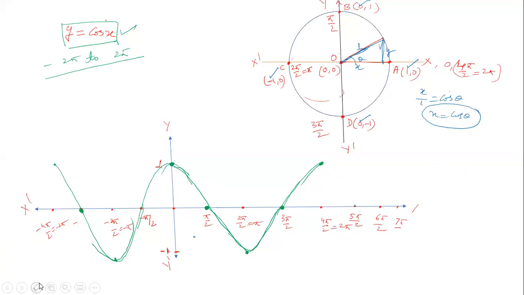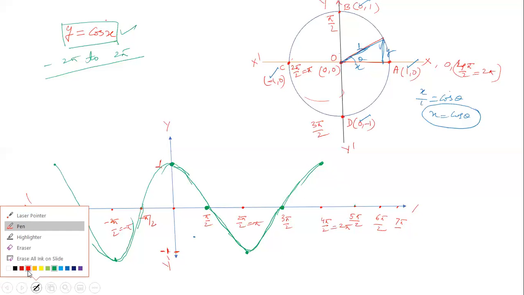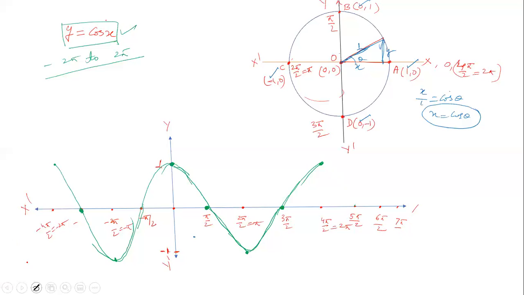Now what have we observed from here? What is the domain and range of this function? Domain means for which values of x this function is defined. We can see y equals cos x is defined for all values of x. That is, its domain would be all real numbers.